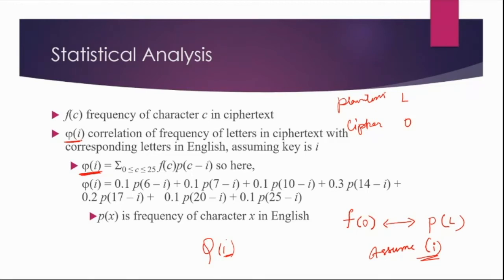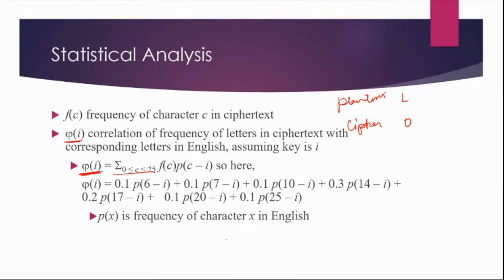Okay, for that matter, let me derive the exact formula for you. So C may vary from 0 to 25 because there are in all 26 characters in the English alphabet, right? We already know that we are talking about English, and it can be generalized with respect to each and every language.